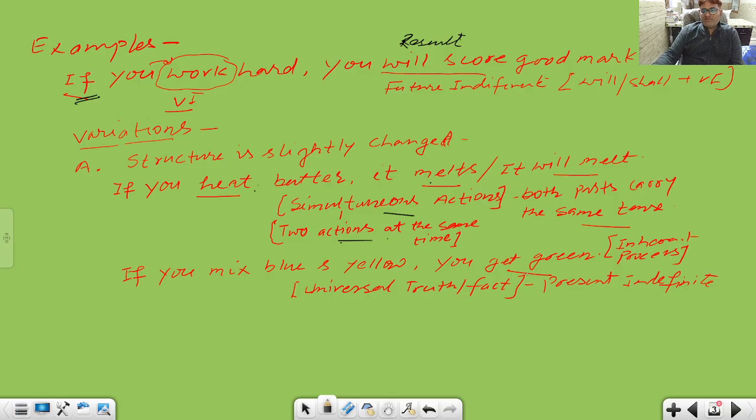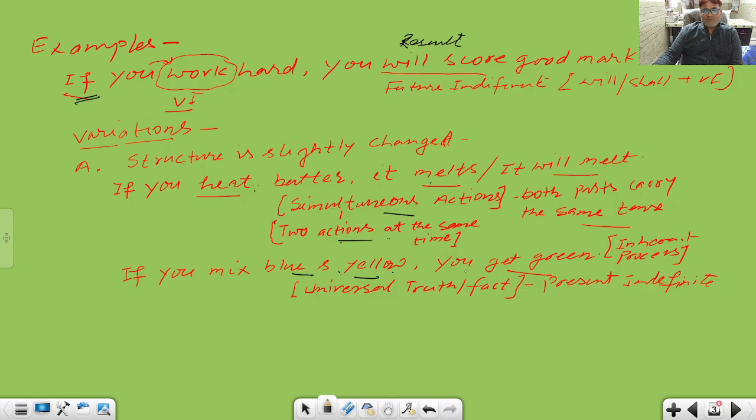The result is unchangeable, because if you mix these two colors, blue and yellow, you will always get green. So this is unchangeable, and that's why in this case we use the same tense in both the parts.